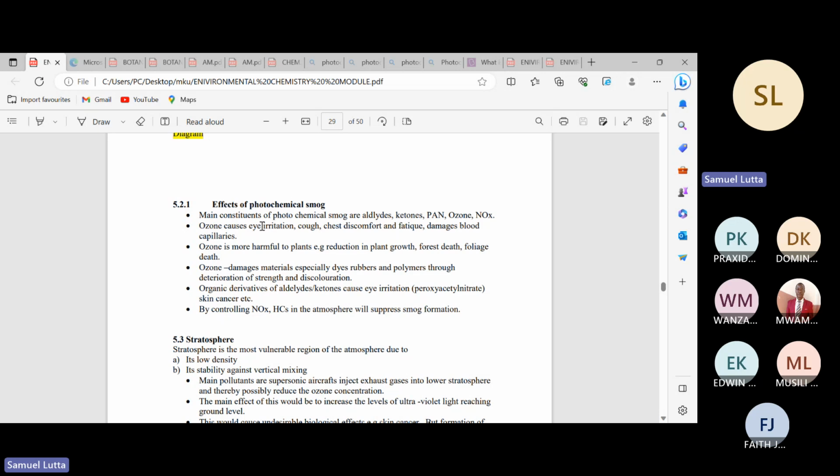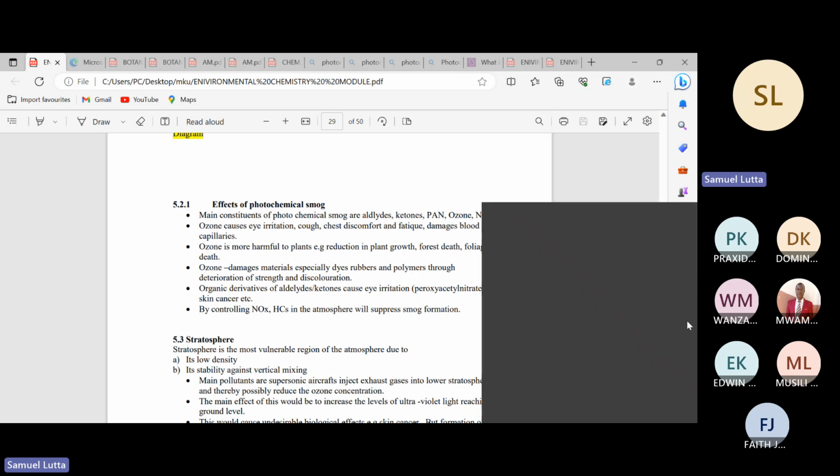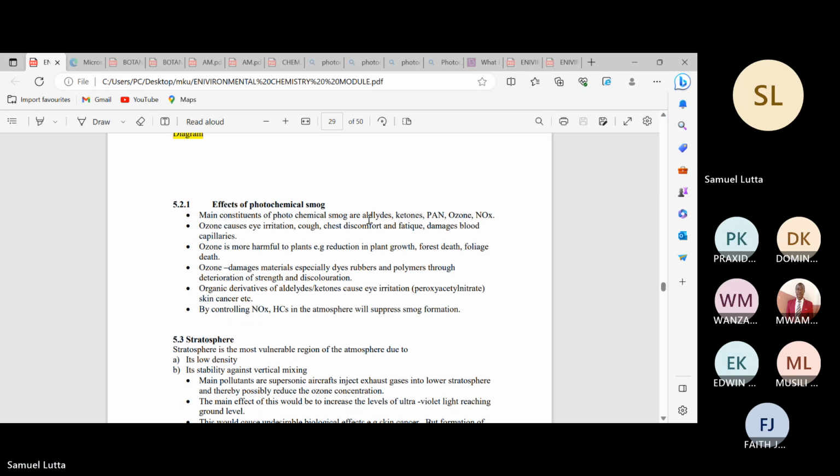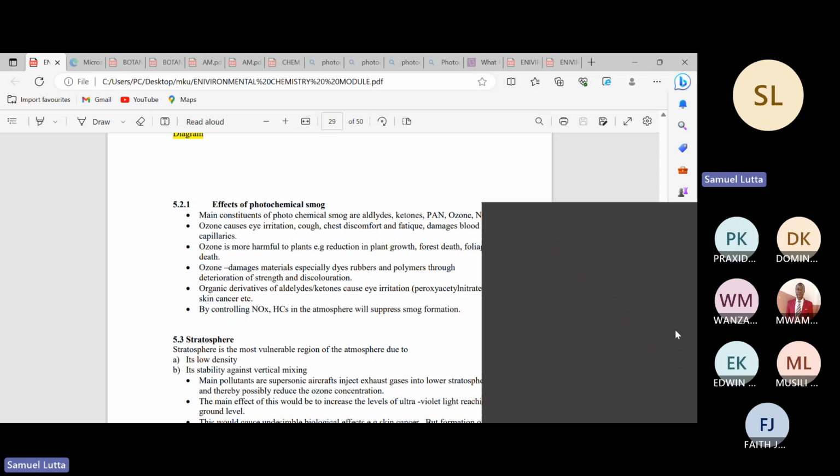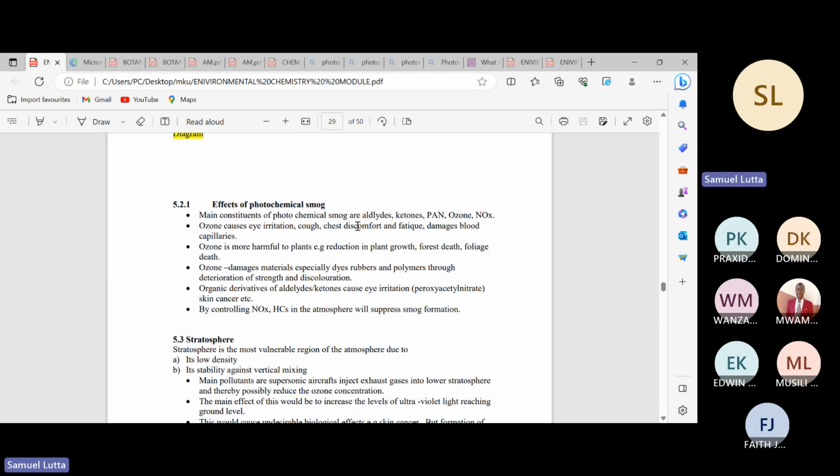They can cause irritation of the eye because of the nitrogen dioxide gas. The irritation can also affect the air tract, which can lead to coughing, chest discomfort, fatigue, and sometimes this can also damage blood capillaries.